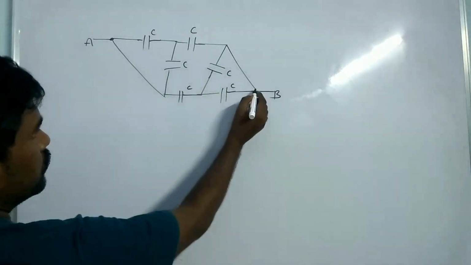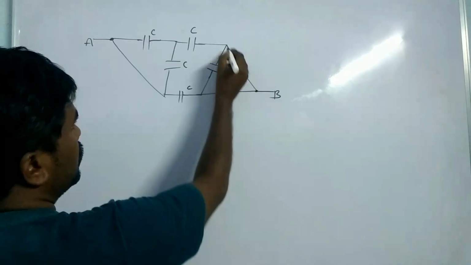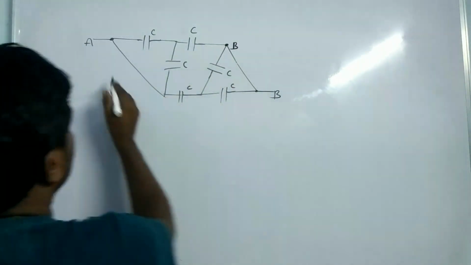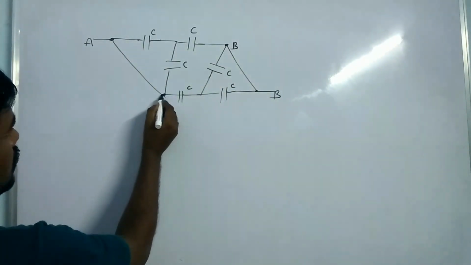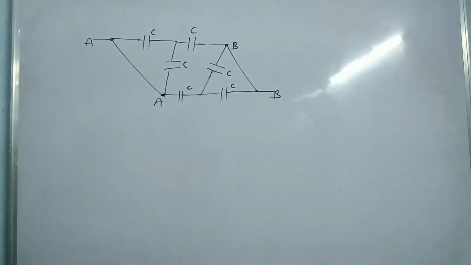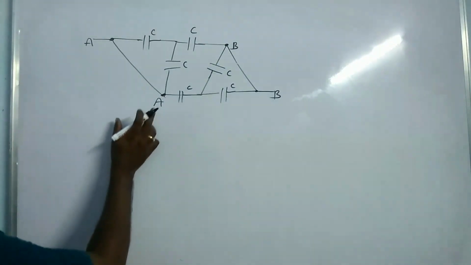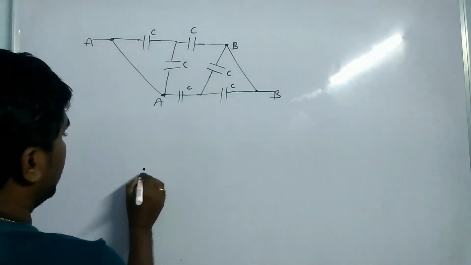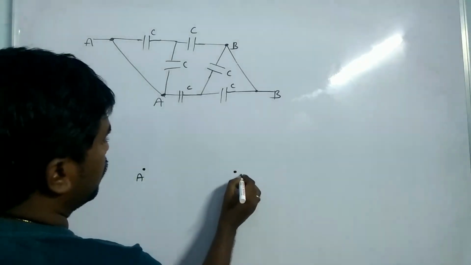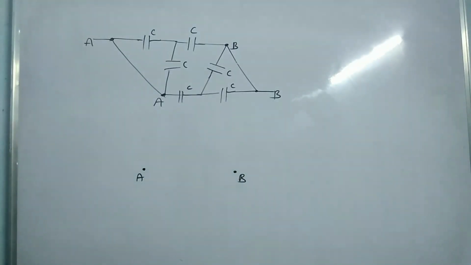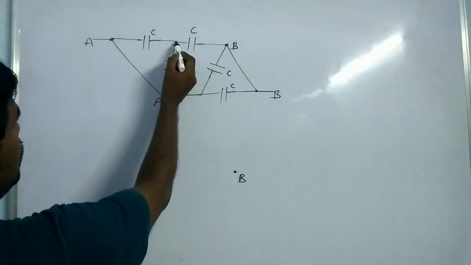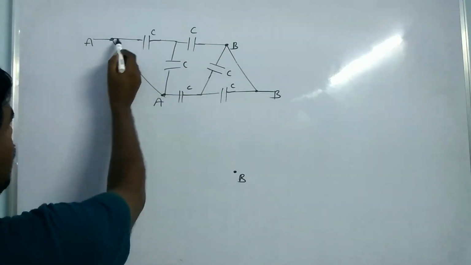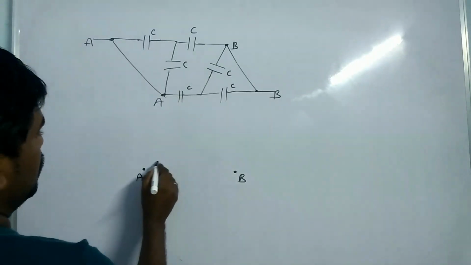So let us see, this point is B and this may be B. This point is A, this point is also A here. So how can we solve this between point A and point B? So this is the first end and the second end, so this is a parallel combination.